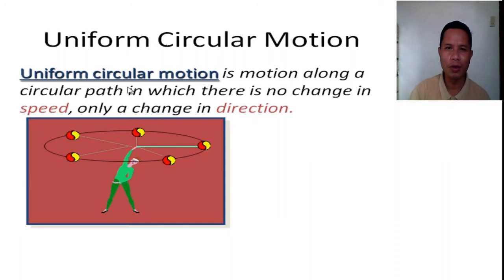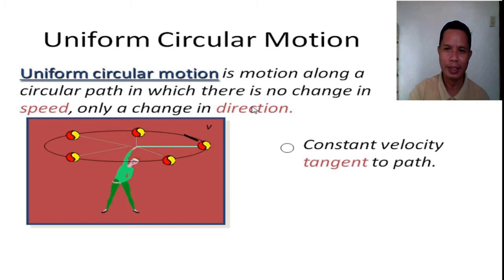When we say uniform circular motion, it is a motion along a circular path in which there is no change in speed, only a change in direction. So we have the word velocity or constant velocity, constant velocity tangent to path. As you will see, we have the black arrows here.